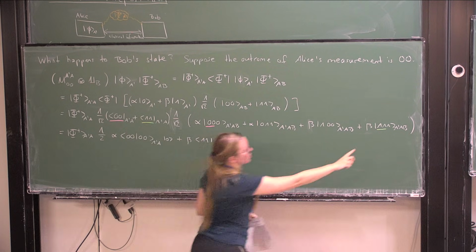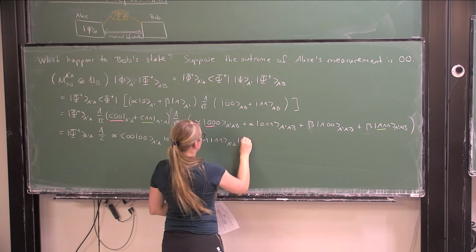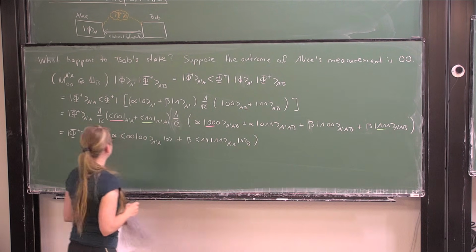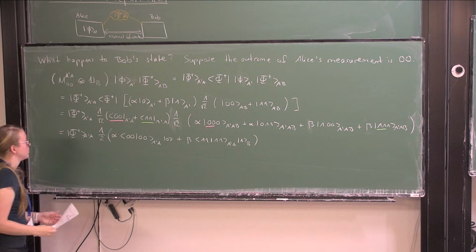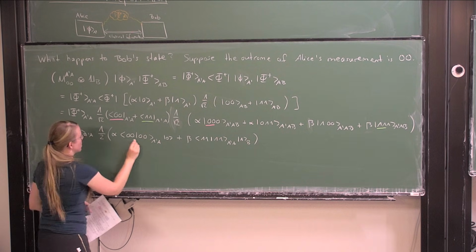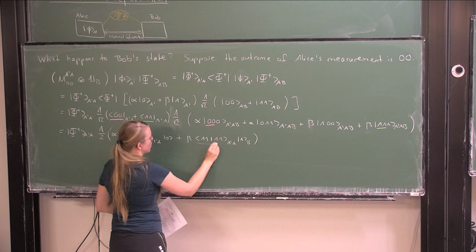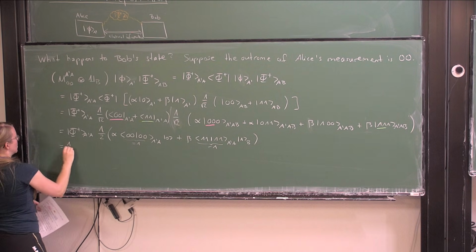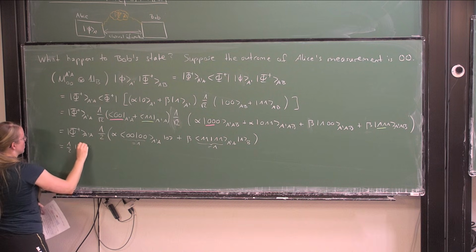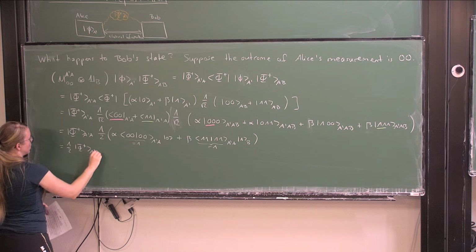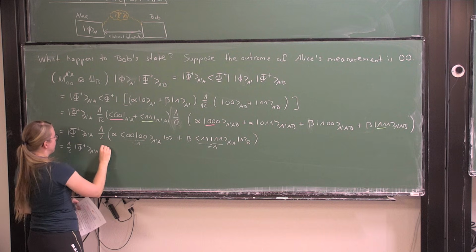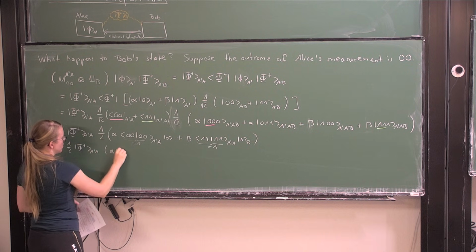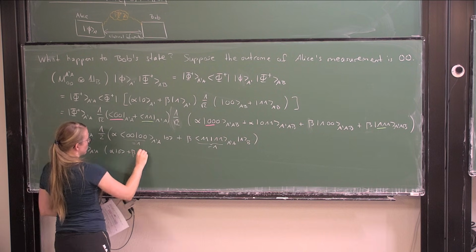In that case, system B is in state 1. So this is always 1. So we get some factor times a state on A prime A, and then on B we get alpha times 0 plus beta times 1.